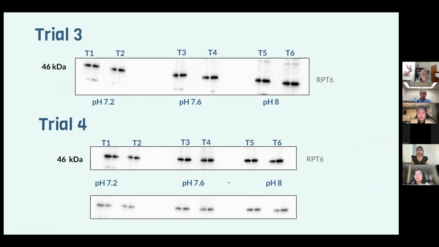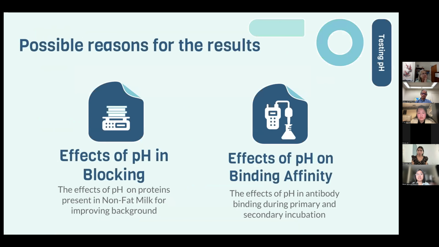I was not able to do quantification in this trial due to lack of time, but comparing it to the initial trials that I did, it is very consistent that pH 7.6 is a better buffer to use when it comes to primary antibody binding and background.